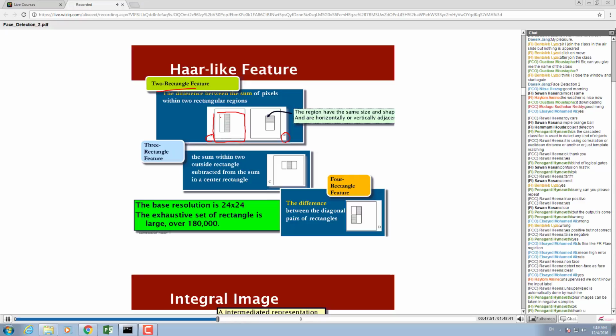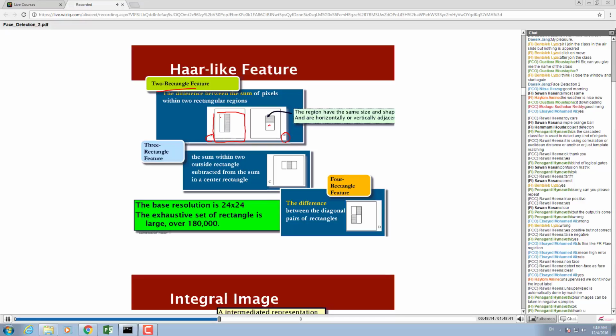In case of B, white and black are laid out vertically, so white is at the bottom, black is on top. So in this way, we can lay out two rectangles in different ways, and every different combination can generate different features.